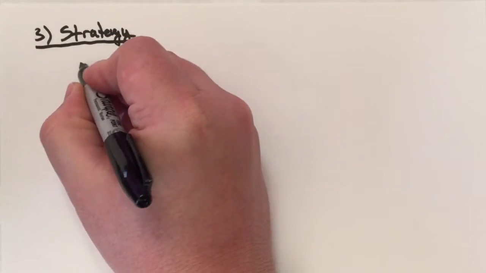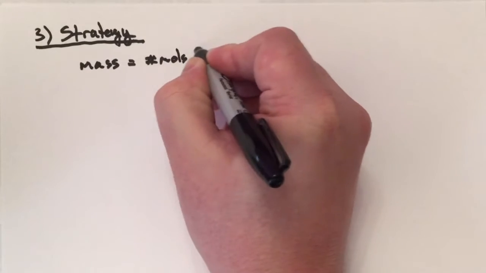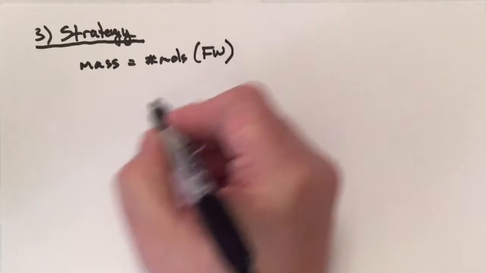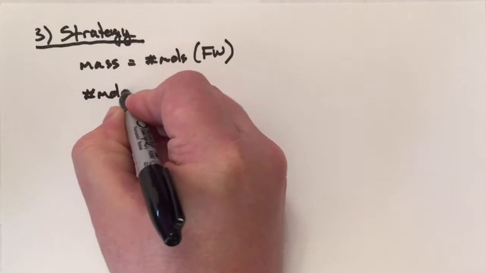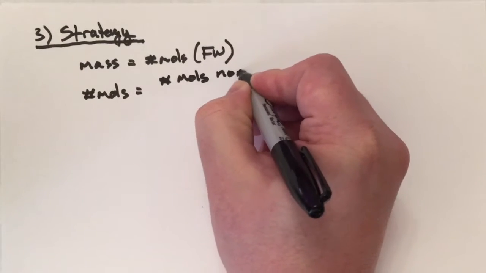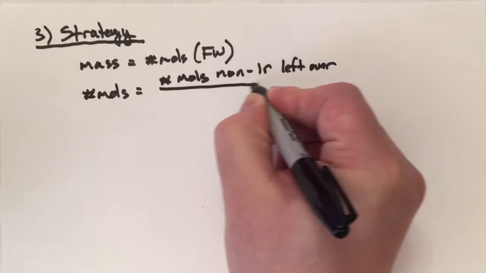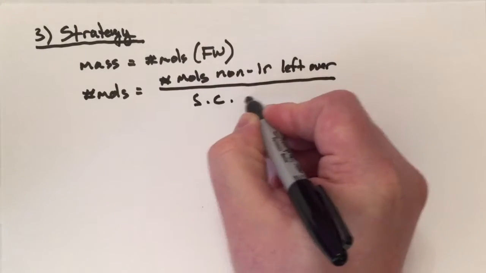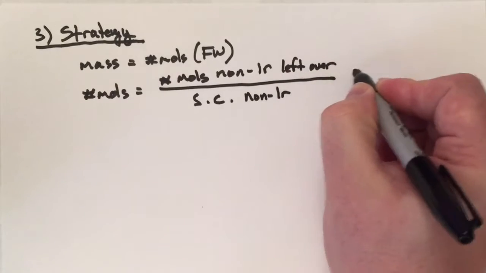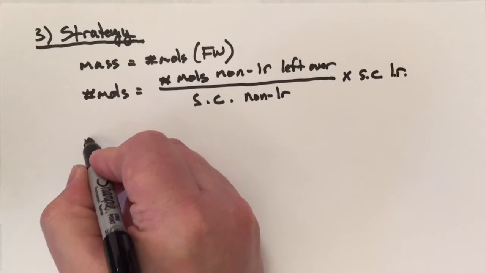We're now going to go through and develop our strategy in much the same way we've done before. What we want is the mass, and that's just going to equal the number of moles times the formula weight. The number of moles is going to equal the number of moles of our non-limiting reagent, just the amount that's left over, divided by the stoichiometric coefficient of the non-limiting reagent, times the stoichiometric coefficient of the limiting reagent.